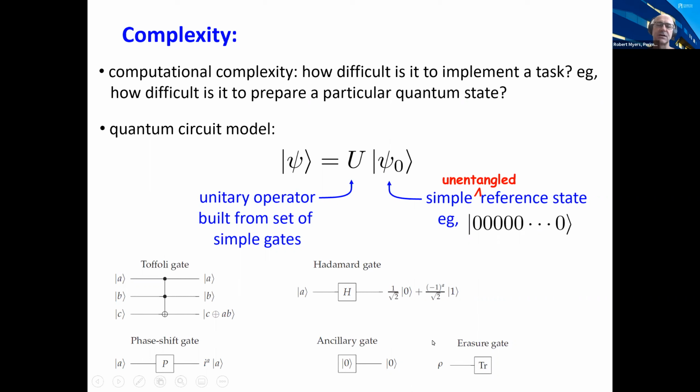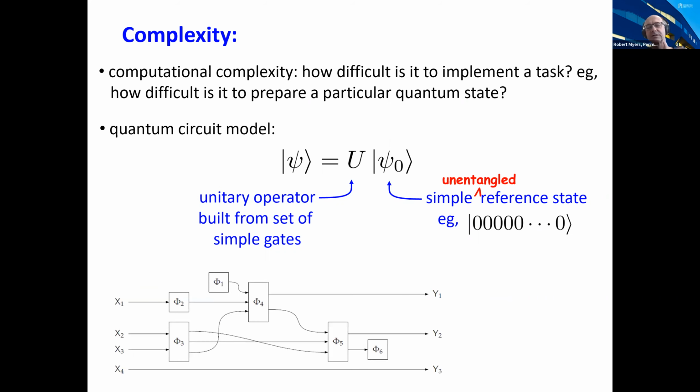And so there's some set of allowed gates that we put together in a quantum circuit, as I've shown here. And the idea is, by applying this quantum circuit to our initial state or our reference state, we're aiming to get the desired state or the target state.